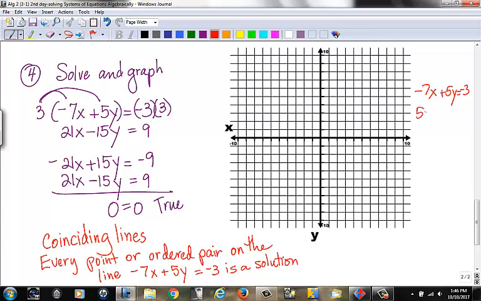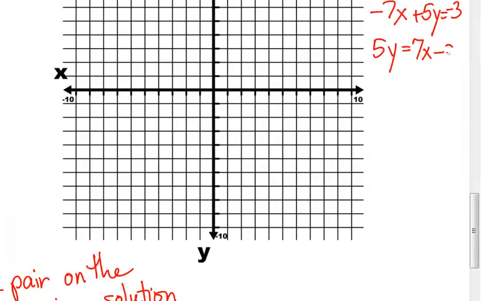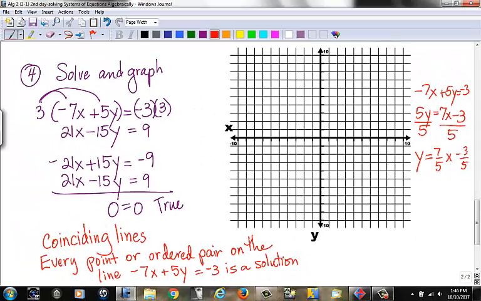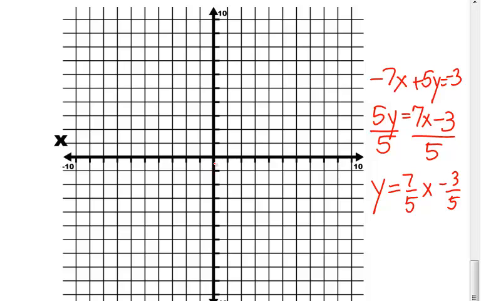Okay, so let's graph negative 7x plus 5y equals negative 3. So I'm going to bring the 7x over. That'd be positive 7x minus 3. Divide by 5. So y equals 7/5 x minus 3/5. So it's going to go down here at negative 3/5. Plot a point.